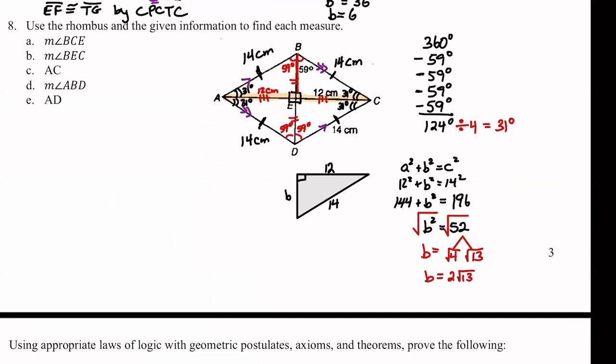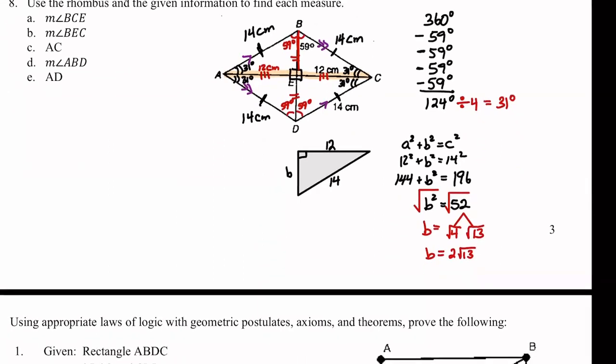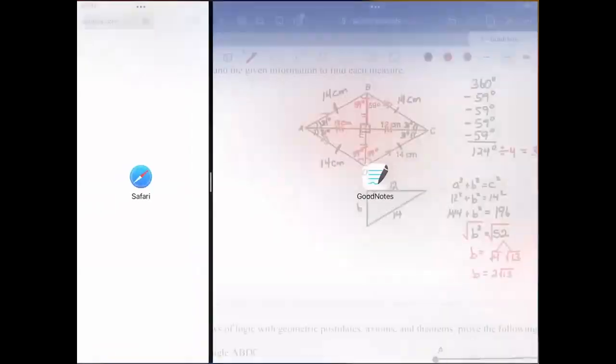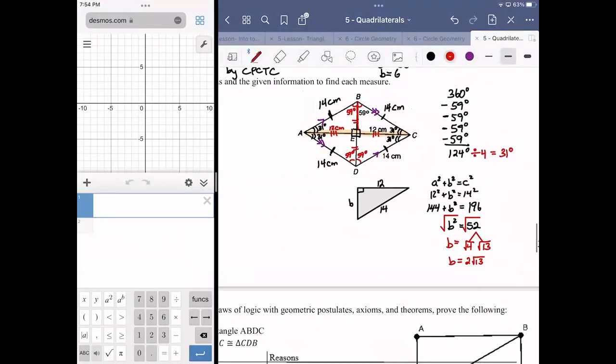All right, and just do a quick double check on that. I'll pop it into Desmos. All right, so I would need 12 squared plus 2 rad 13 squared. Oops.